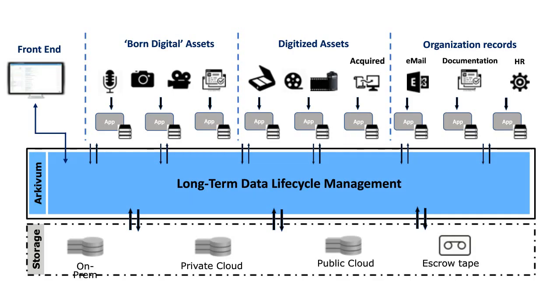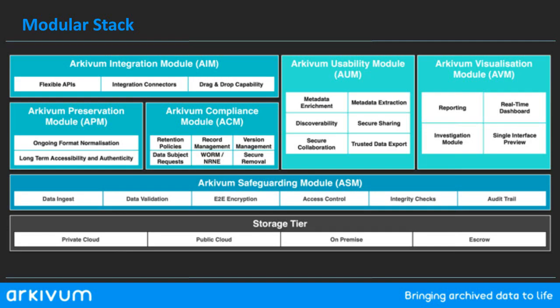So Perpetua is a hosted software solution that supports long-term data lifecycle management for a wide range of digital content types. Perpetua is designed to support all of those activities in that circular Digital Curation Centre lifecycle picture I showed right at the beginning. And the way that we do that is through a modular architecture, with software components or modules that support the various stages of that lifecycle.